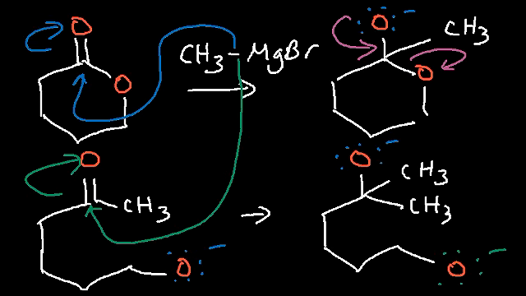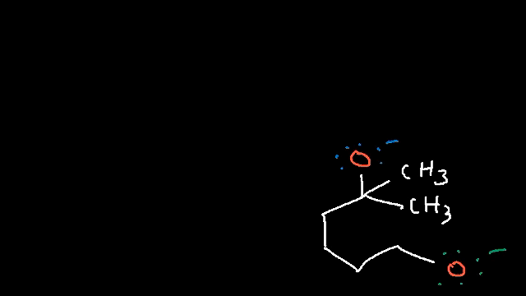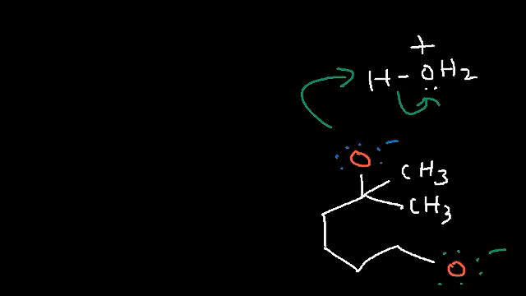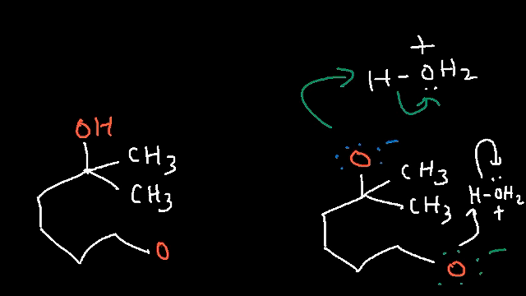So now what we can do is add H3O+. So this is going to grab a hydrogen. And so will this one too. And so we're going to have two alcohol groups.